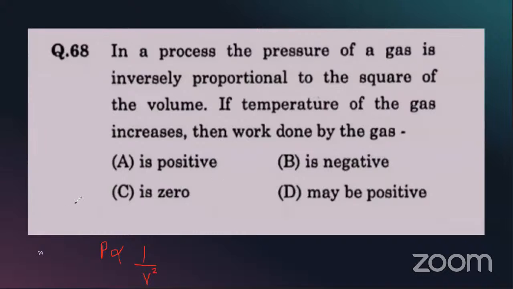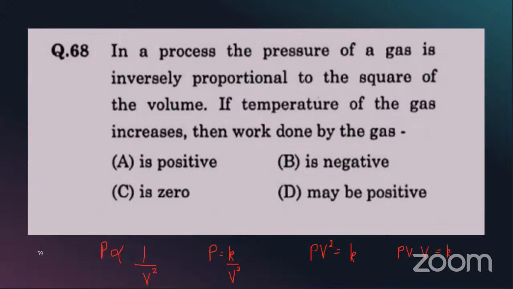If we want to remove this proportionality sign, what will we have to add? Constant. So let us add a constant K. So what do I get? I get PV square is equal to K. I can write PV square as PV into V. Yes or no?